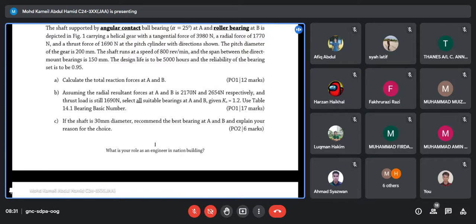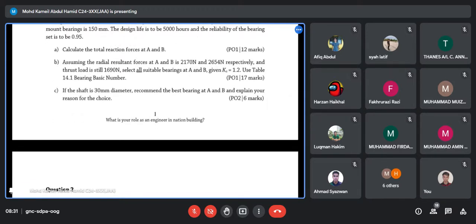Kemudian yang nombor C, if the shaft is 30 mm diameter, recommend the best bearing at A and B and explain your reason for the choice. Okay, ini kita minta apa lagi ada?